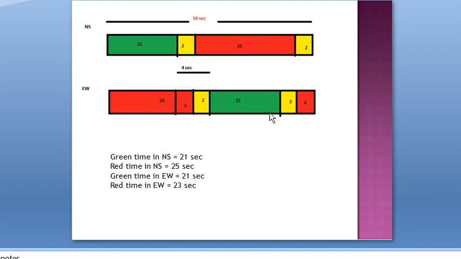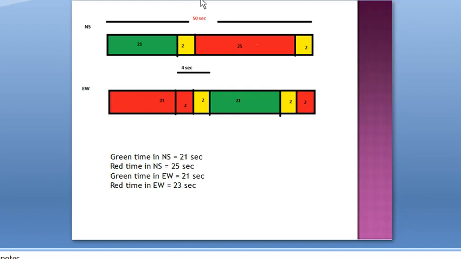This is the red time, and this is provided at the end, because it can be used for any purpose, for pedestrian crossing etc, because there is some time left for this east west direction. Okay, so I have marked it as red time, but this continuous red time is coming here, so it is 21 plus 2, that is 23 seconds is the red time here.